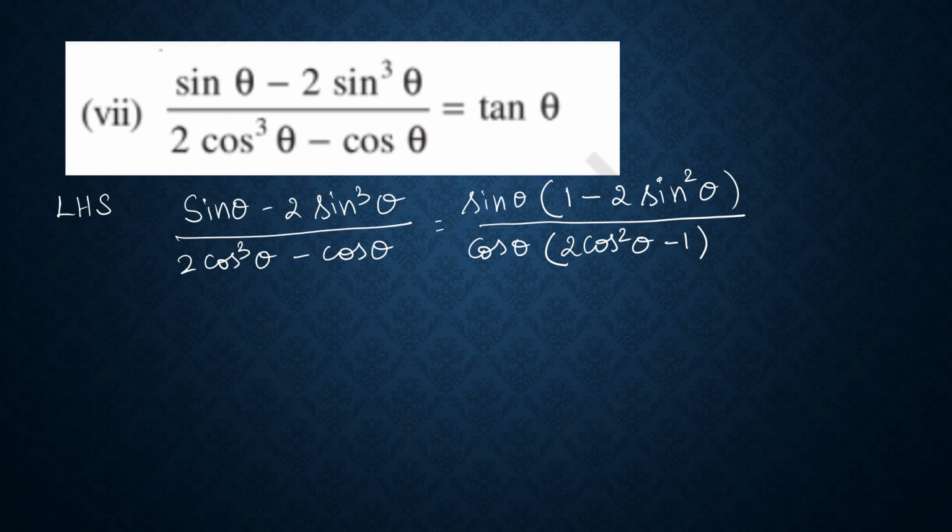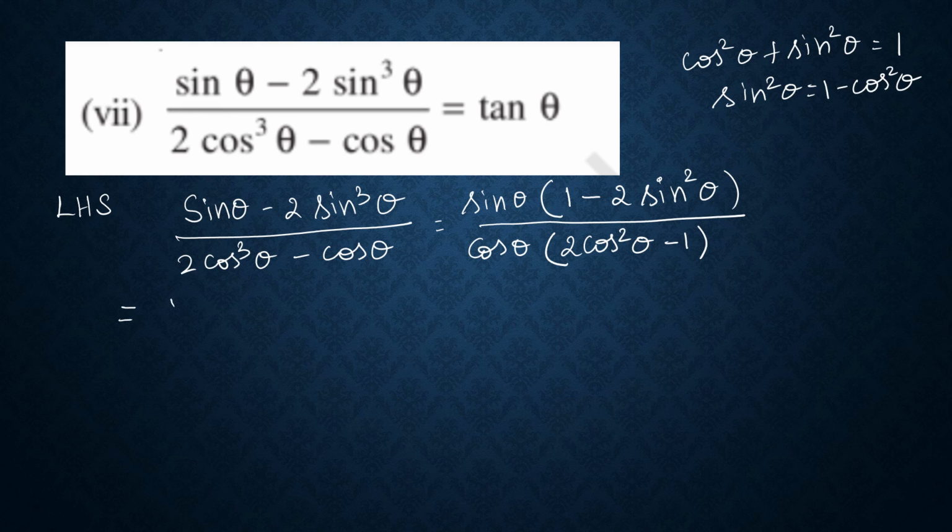Now this sin square theta I'm going to write differently. You may know that cos square theta plus sin square theta equal to 1, so sin square theta equals 1 minus cos square theta. That is what I am going to write over here.